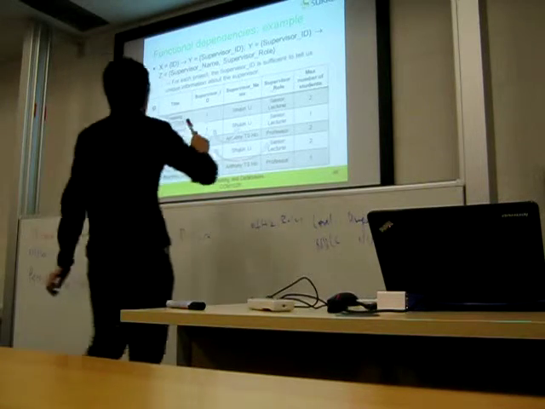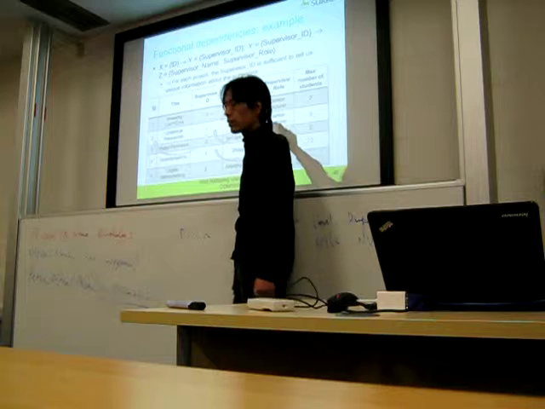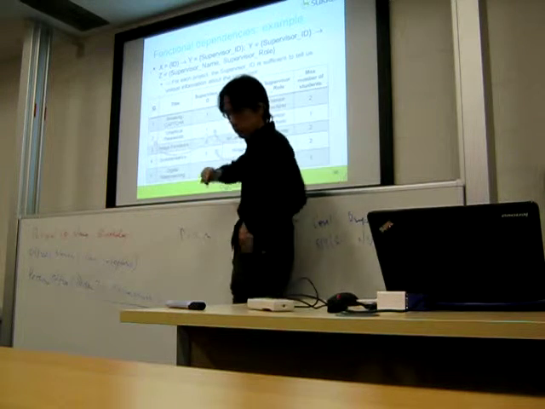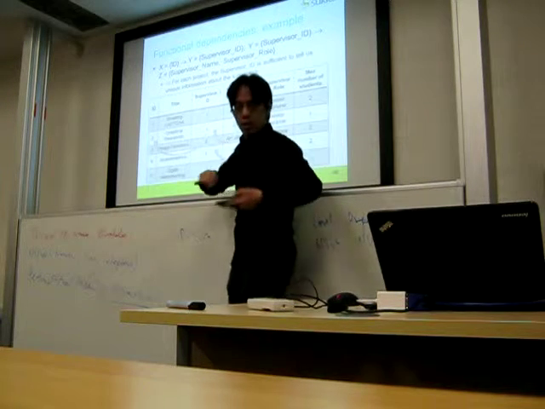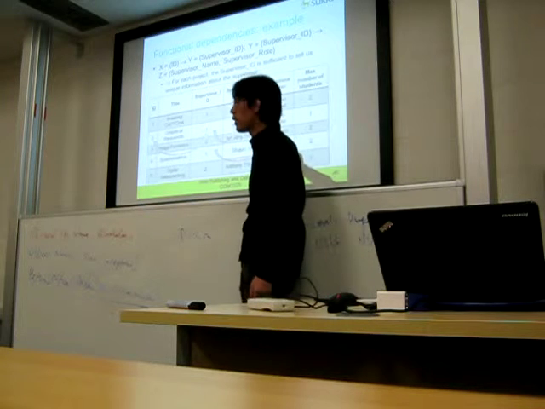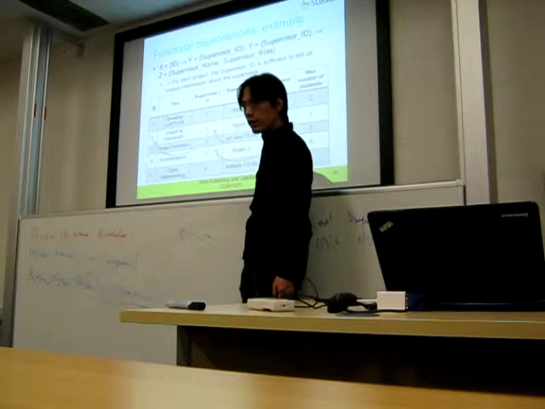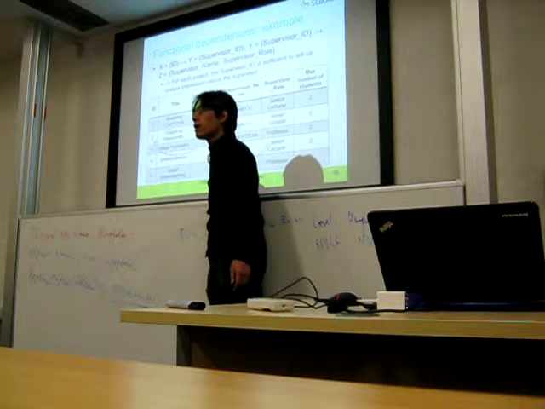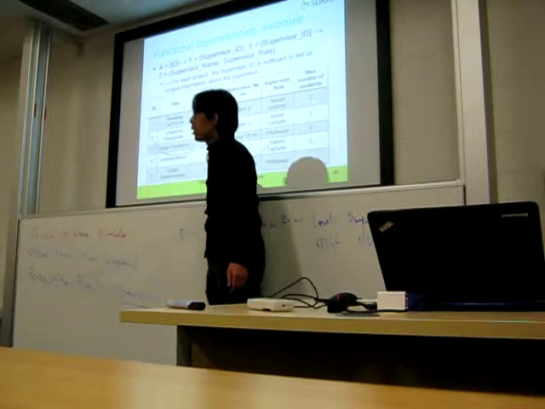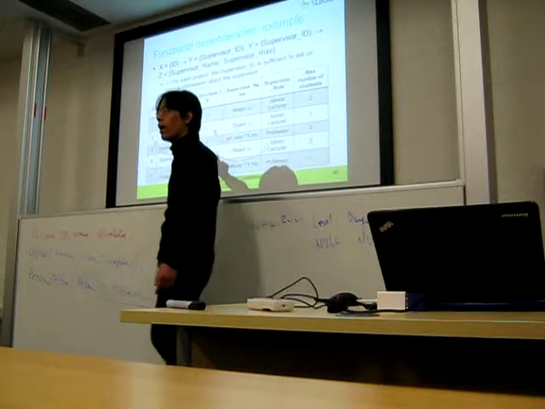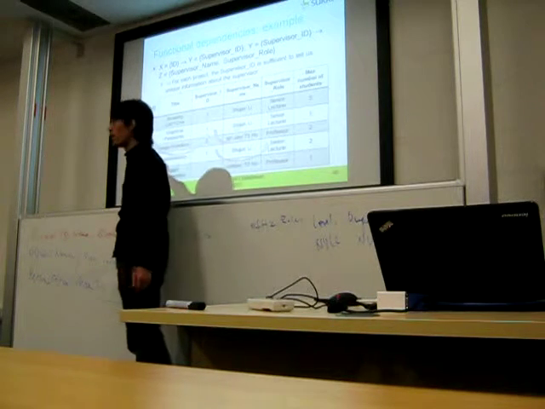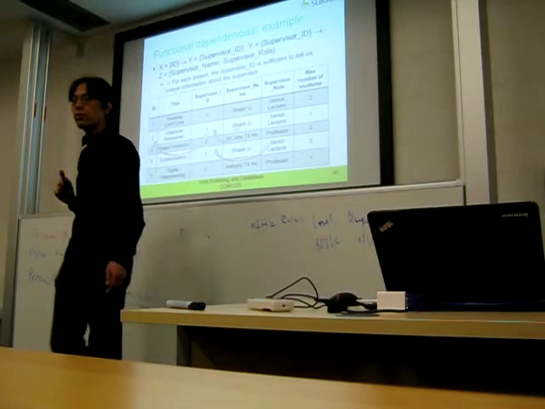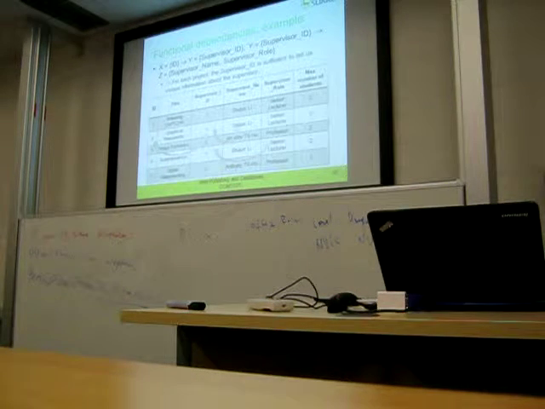If you have things like supervisor role, which depends on supervisor ID. However, supervisor ID further depends on the primary key of the table. This is called a transitive dependency, which is not good.